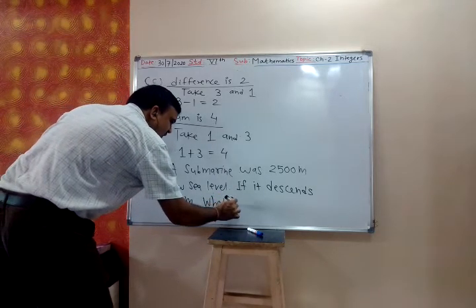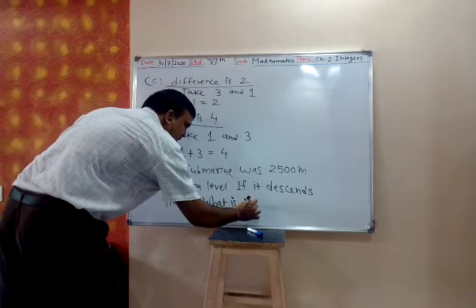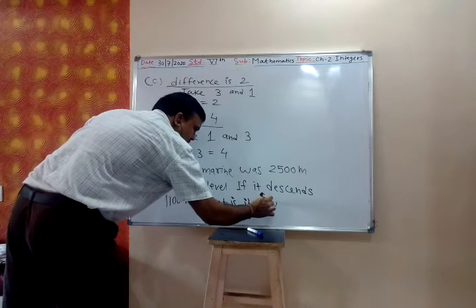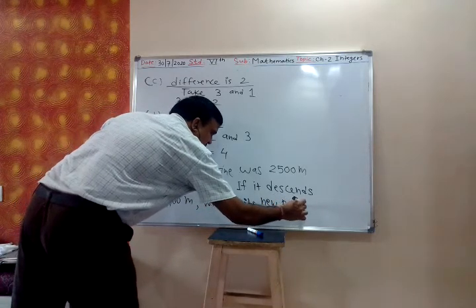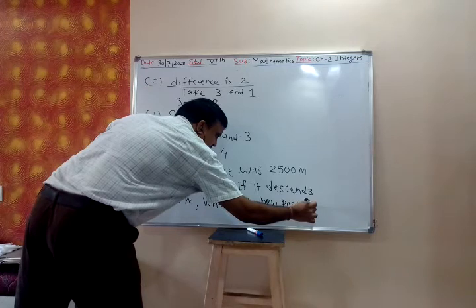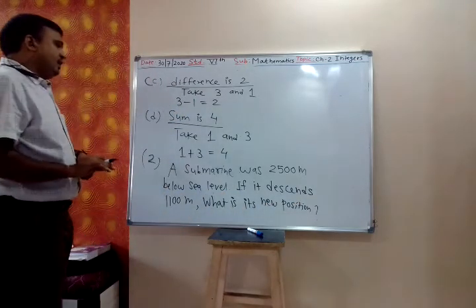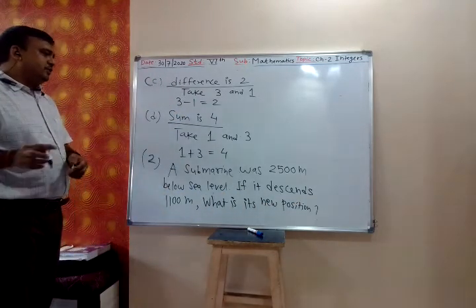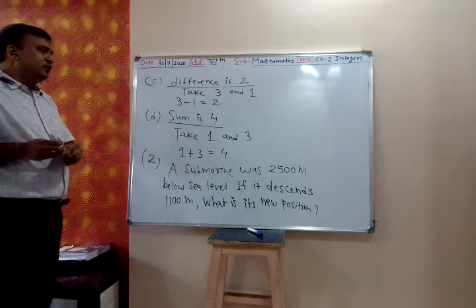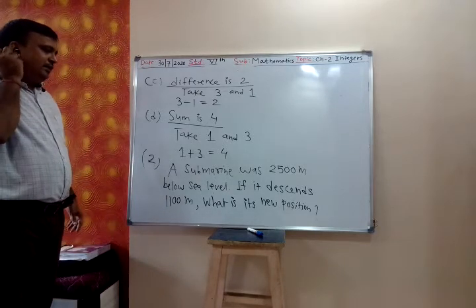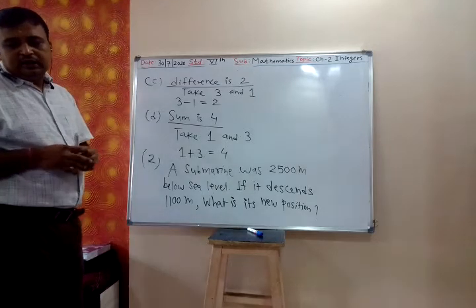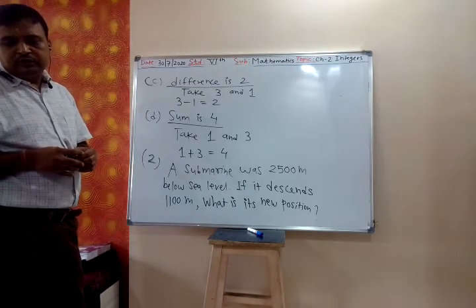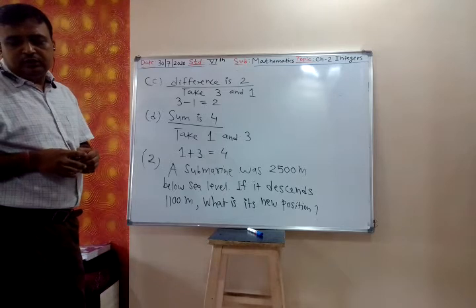Descends means goes down. Wait, let me explain. A submarine was 2,500 meter below sea level. If it descends, it goes down. What is its new position?